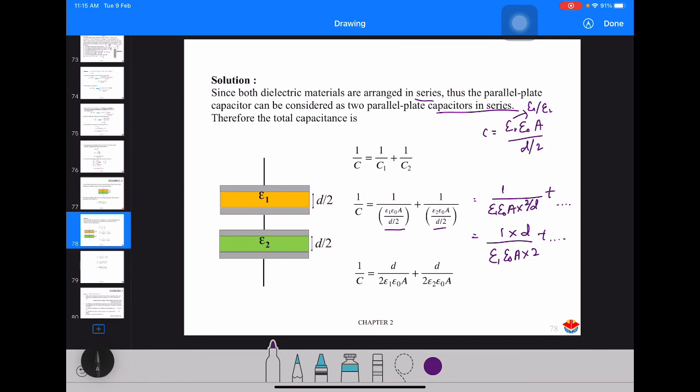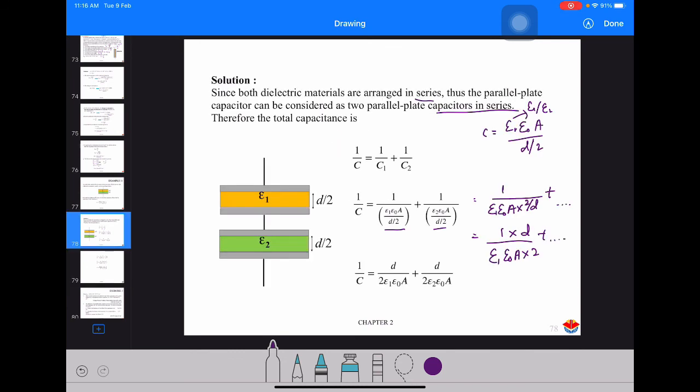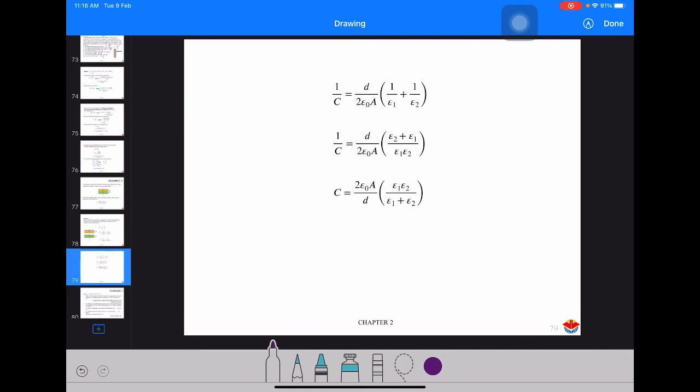Now you end up with this one, 1 over C equals D over 2 epsilon 1 epsilon naught A. Okay, the next step, you have 2 and epsilon naught, which is the common term. I can factor that one, so I'm left with D over epsilon 1 A, like this. I can factor out all of these, even the D I can factor out as well.